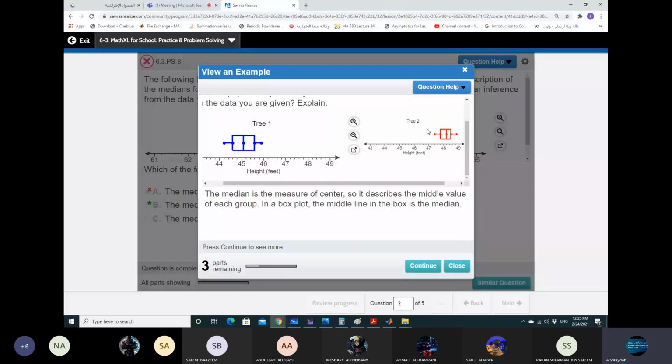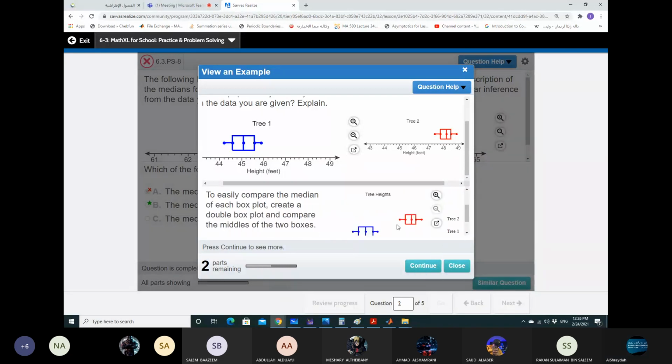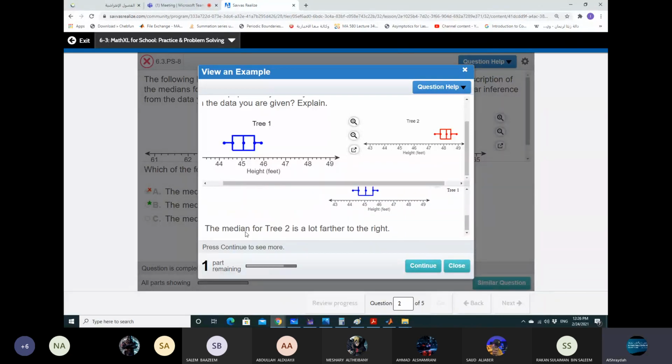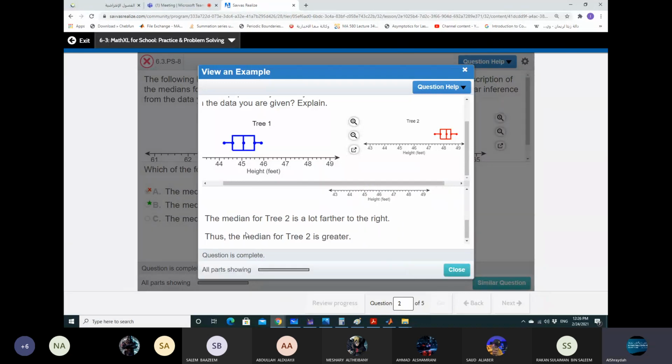It's clear that tree 2 has a greater median than tree 1. It's a very clear question. Look here, you can put it on the same figure. So the median for tree 2 is a lot further to the right, so we can say the median for tree 2 is greater.